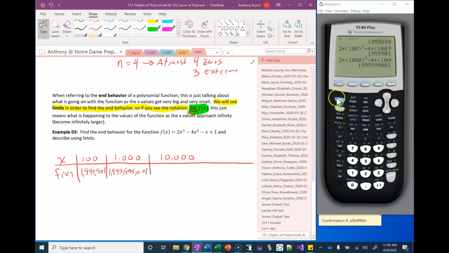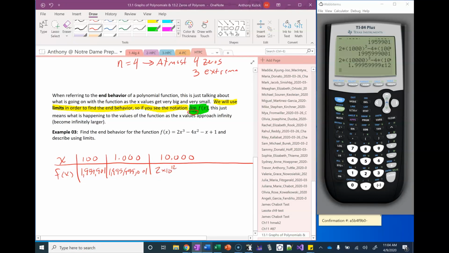And if I do this for 10,000, basically here we're not so much concerned with the actual y values. We're just concerned with the pattern that's going on. So again, I'm going to insert another 0 into each of these. And that gives me basically 2 times 10 to the 12th.